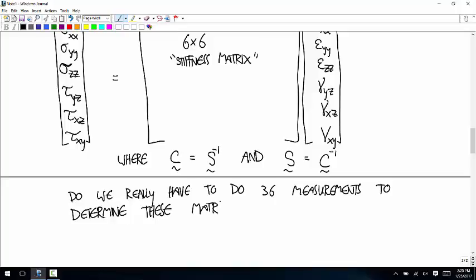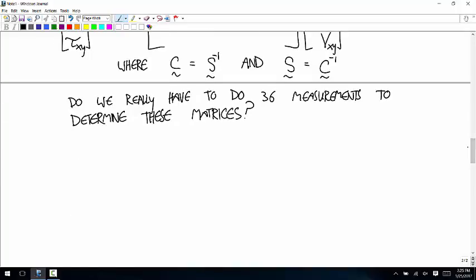A big chunk are going to be zeros. So the answer is no, we don't, and that's a good thing, because if you had to figure out a way to stretch a material and then compress it and then shear it at a certain angle without compressing it and then subject it to pressure, 36 of these tests to measure these 36 values would be a real pain.